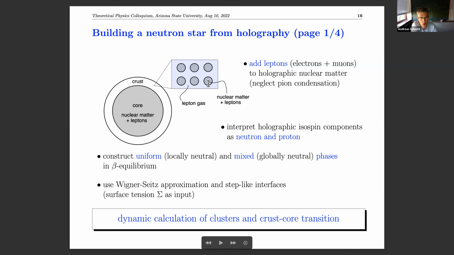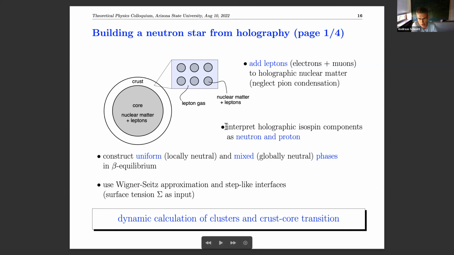And what we do is we use holography for these bubbles and construct this mixed phase dynamically by assuming a sharp interface and assuming a surface tension. That would be our one additional parameter that we introduce. We use a surface tension at this boundary, but otherwise then dynamically determine the size of these bubbles and where they are preferred energetically. Okay.